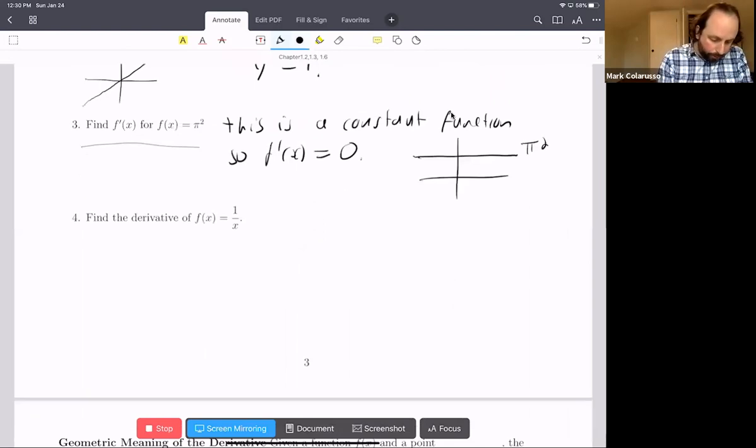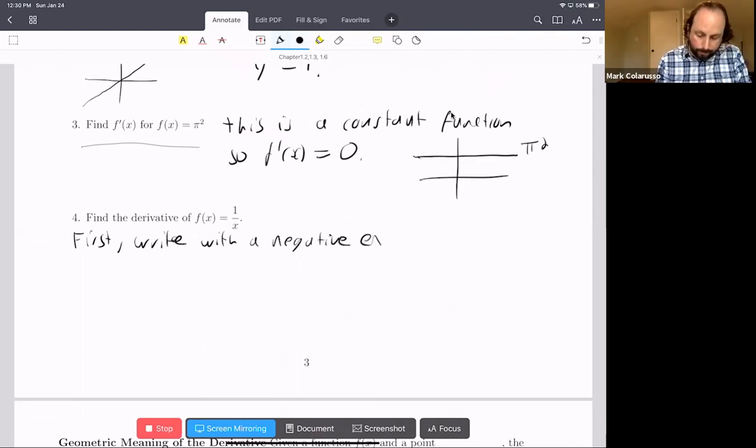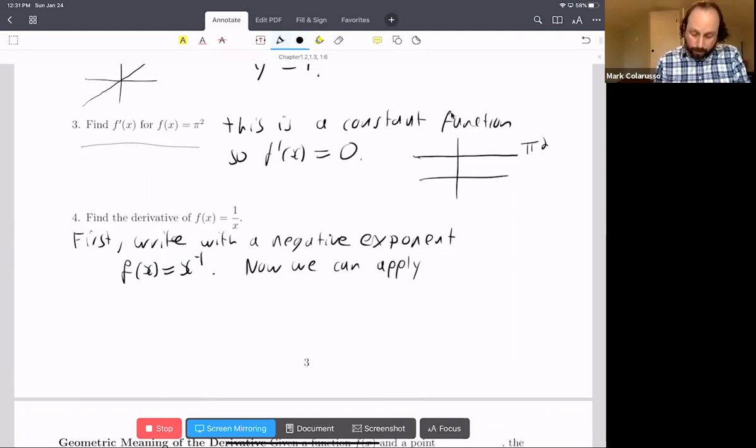So first, write it with a negative exponent, and you get f(x) is x to the minus 1. Right, 1 over x is x to the minus 1. Now we can apply the power rule with n equals minus 1.